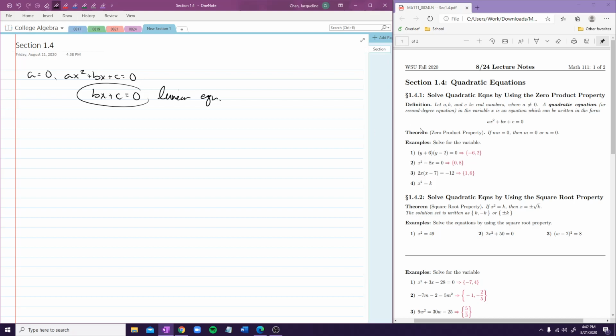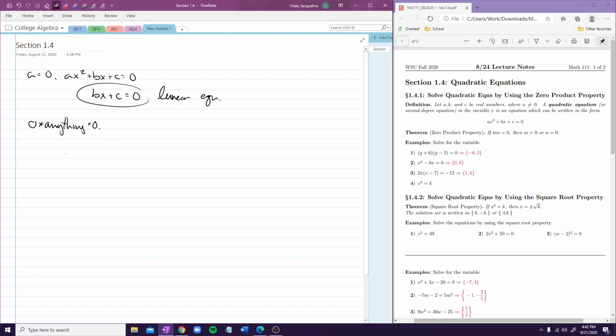Now, let's talk about this theorem. It is called the zero product property. You may recall I mentioned this last week. It says that if m times n is equal to 0, then m is equal to 0 or n is equal to 0. Because remember, 0 times anything is equal to 0.